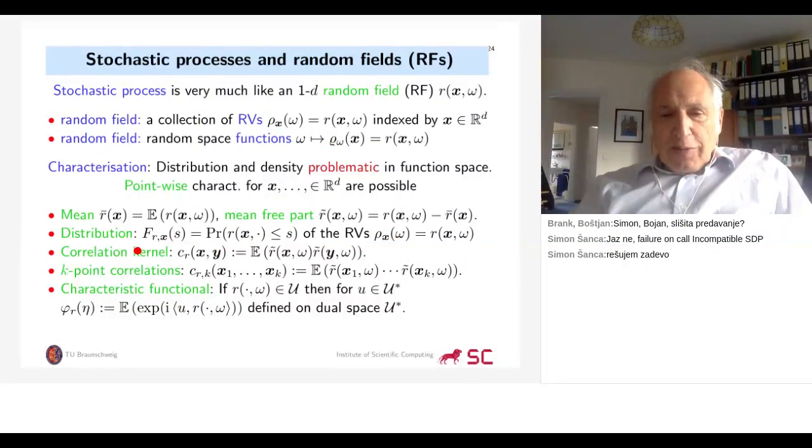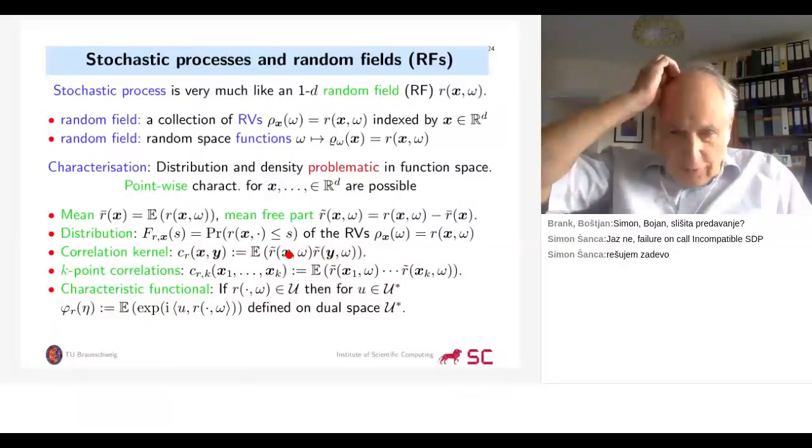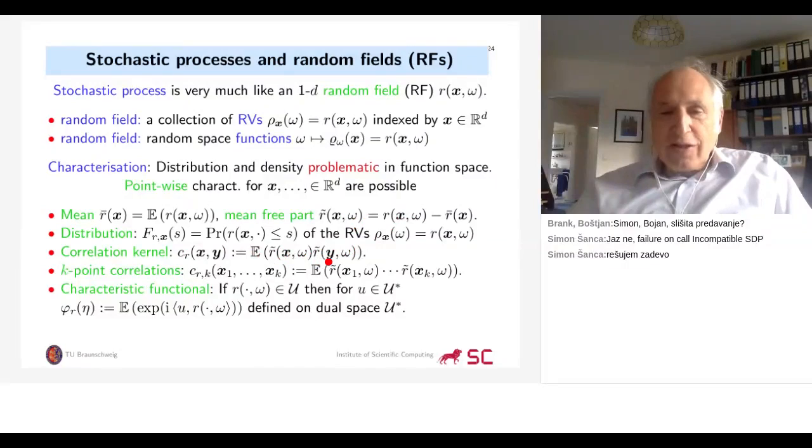And we can also look at something which is called the correlation kernel. You see that's the second mixed moment of this random variable taken at two different points. So that's something which is called a two-point correlation. And of course now we can look at higher moments of this.